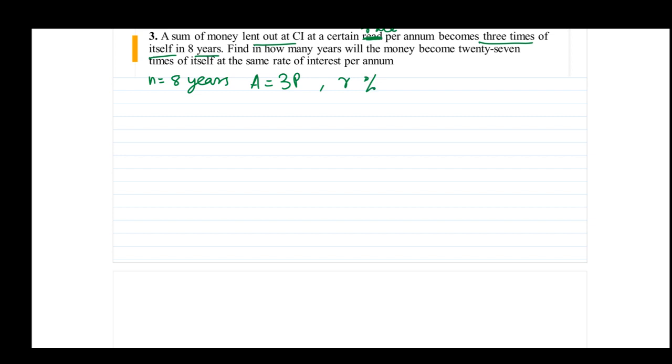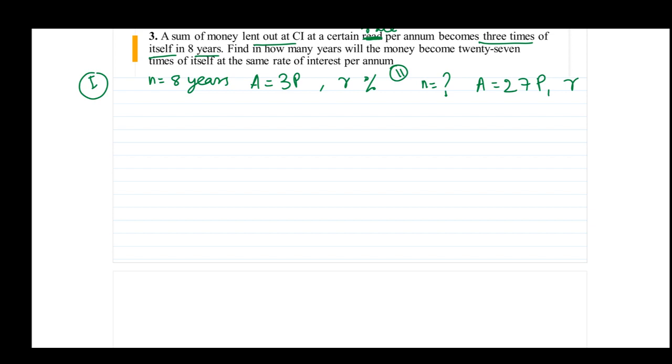This is the first condition, and the second condition is you need to find in how many years the amount A will be 27 times P with the same rate.